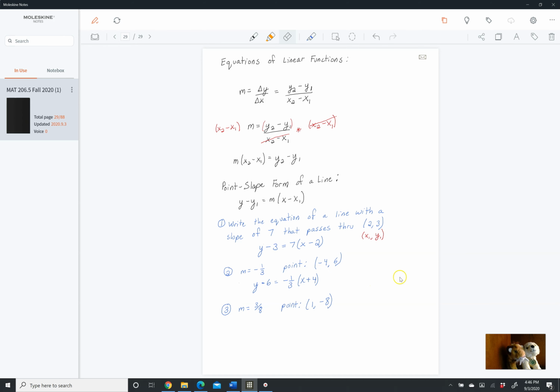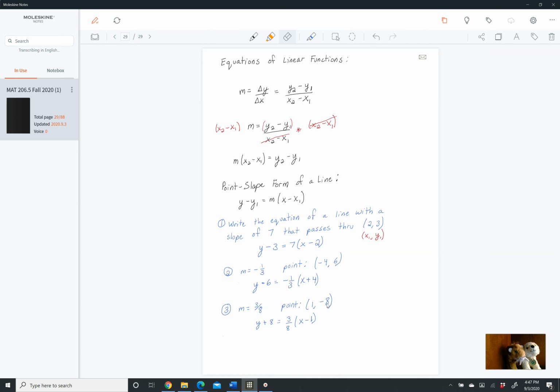Okay, so same thing here. y minus negative 8. Well, minus a negative is a positive. So it turns into y plus 8 is equal to our slope, which is 3/8, and then in parentheses, x minus our x value, which is 1.